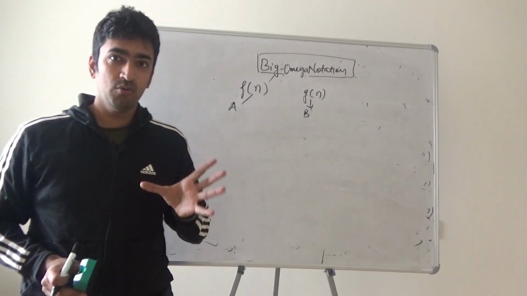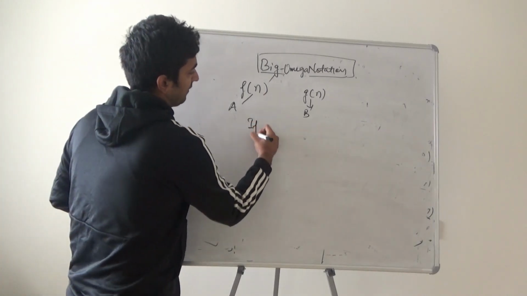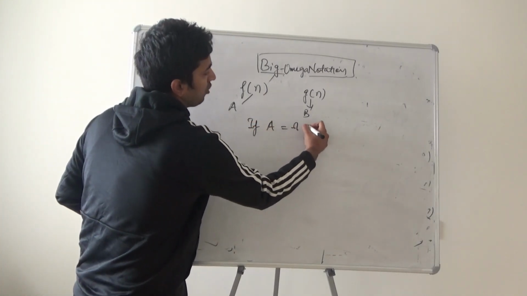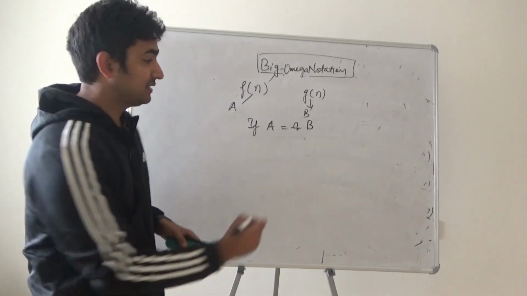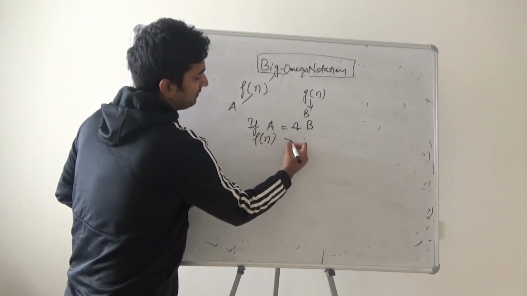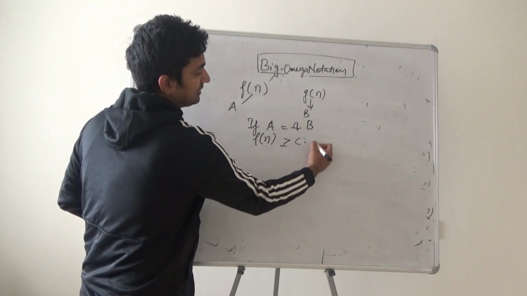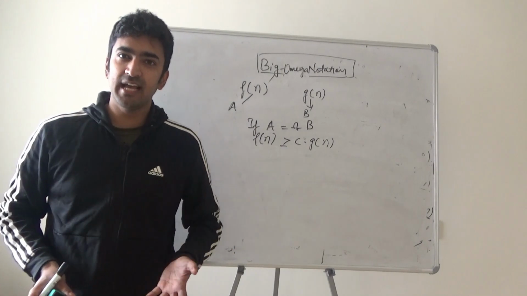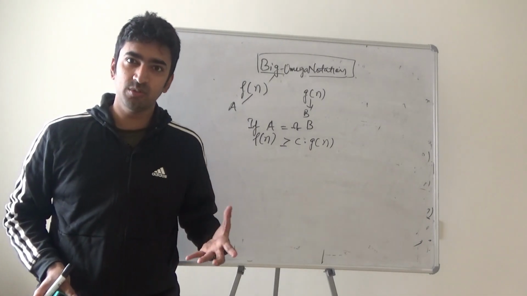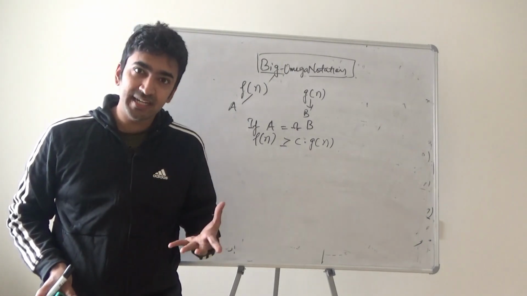So if A is omega of B, then that means your Fn is represented as greater than or equal to Cgn. C is also a constant.